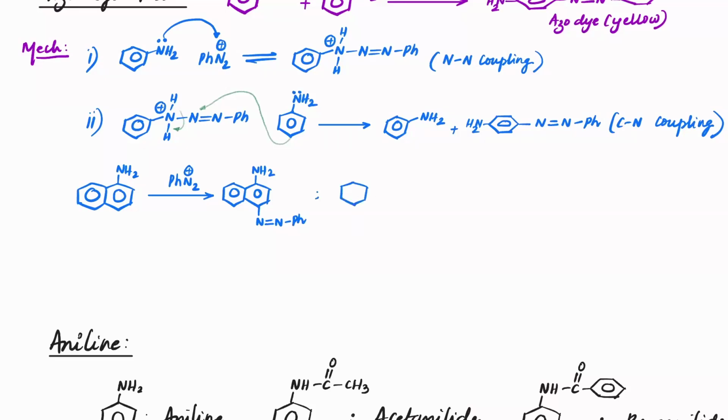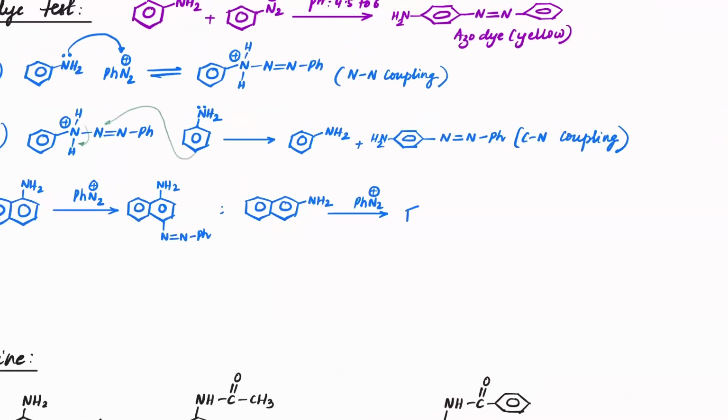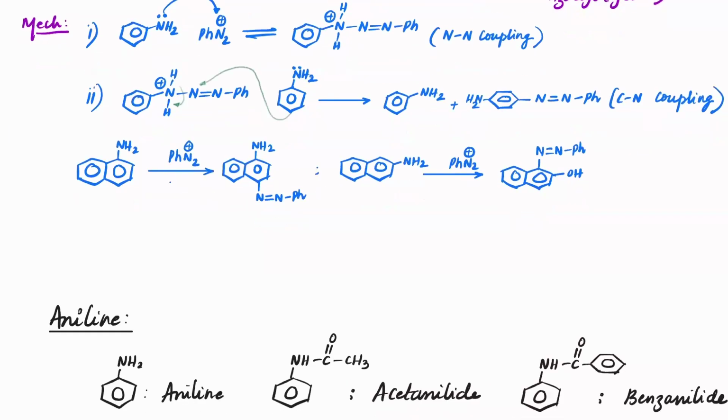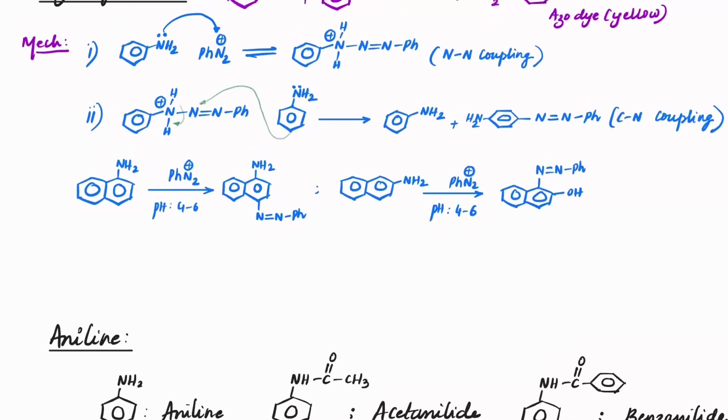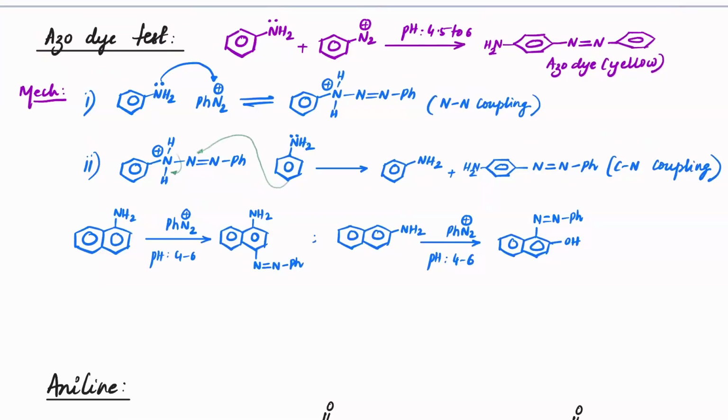In case you have a similar NH2 and this time you treat with PhN2 diazonium, coupling is done here. In that case, it will attach at this position, N double bond N and Ph. This is very, very similar to what we have learned in alcohols, alpha naphthol and beta naphthol. Same thing. pH should be somewhere between 4 to 6. Here also pH should be somewhere between 4 to 6. Got it? So this is how it works.